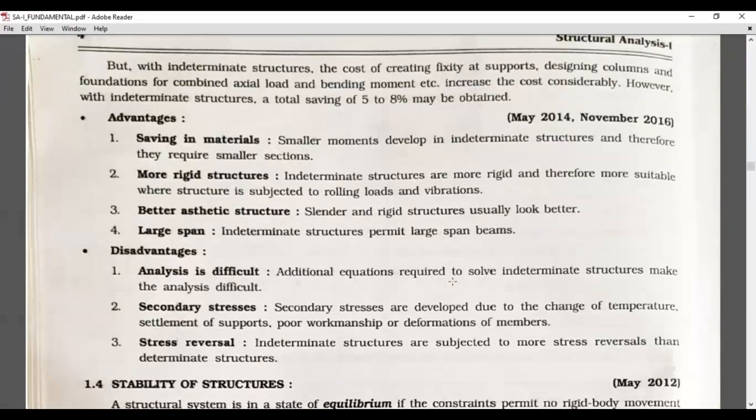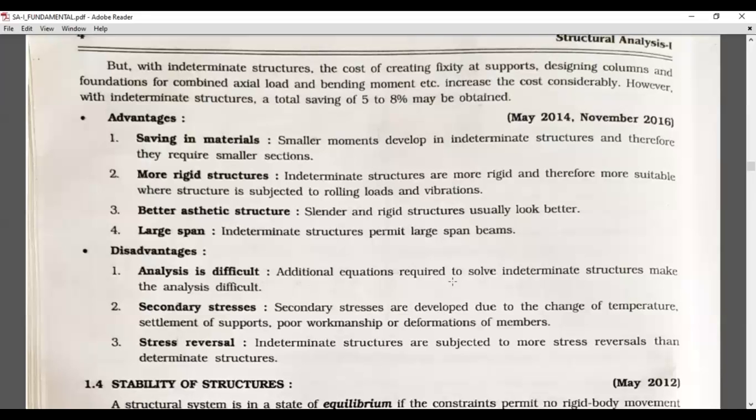However, with the indeterminate structure, a total saving of 5 to 8% may be obtained. It's not big but viable.